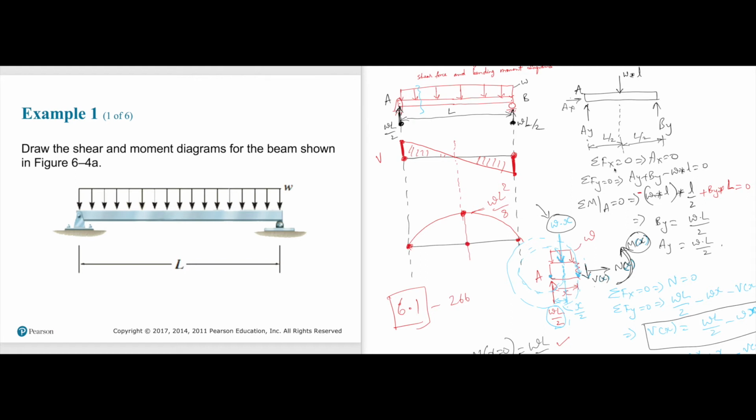Here, at x equal to L over 2, you have the highest bending moment. So once we know exactly at which point we have the highest bending moment, we will perform our analysis at that point.